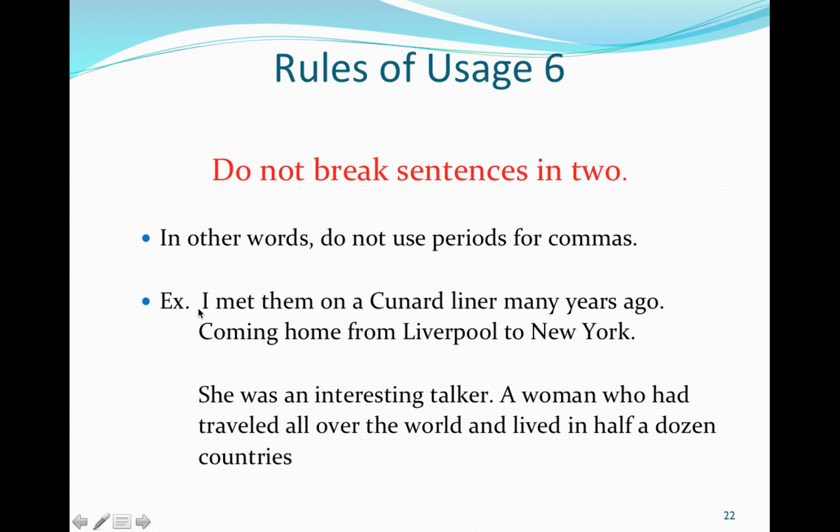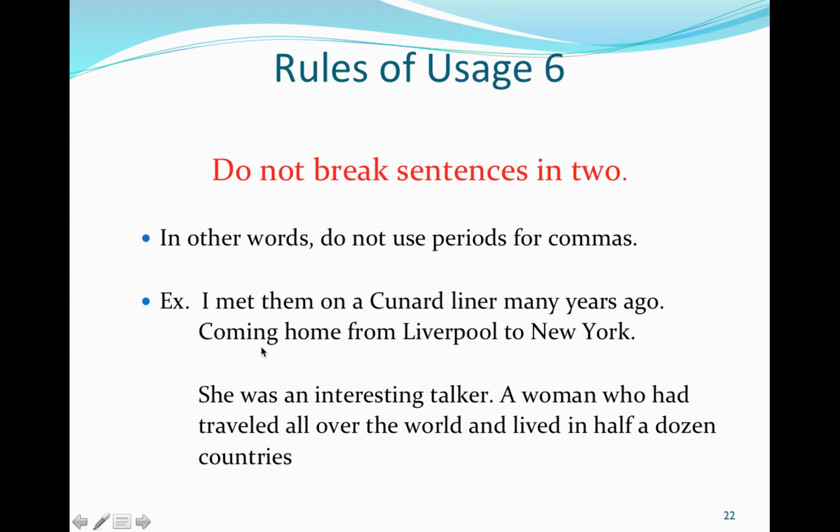Therefore, you have a subject, a verb, a direct object, and then you have a complete thought telling where you met them and when you met them, so you have a complete thought. This part stands alone. This is considered an independent clause, a simple sentence that can stand alone.